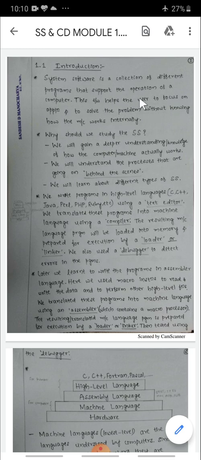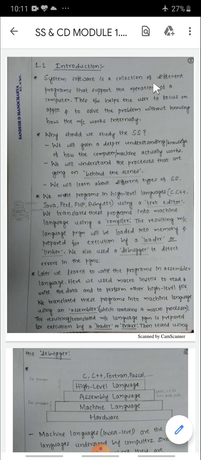Here the user need not worry about how the machine works internally, how the machine solves my problem and all those things. He can just focus on his problem, and with which application he is going to solve that problem, it's enough for him to know. These things should not be bothered by the user.